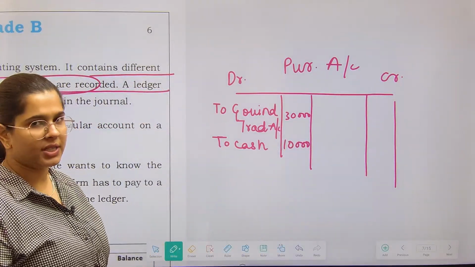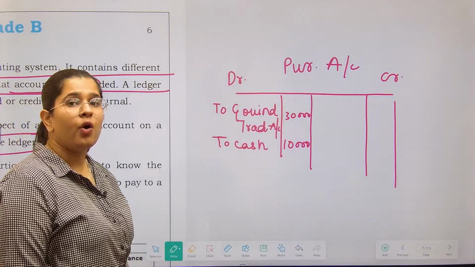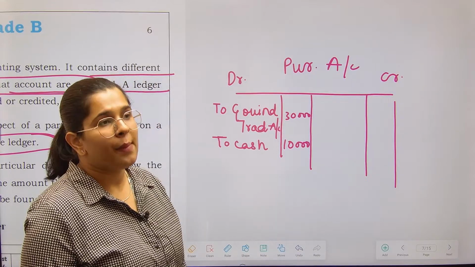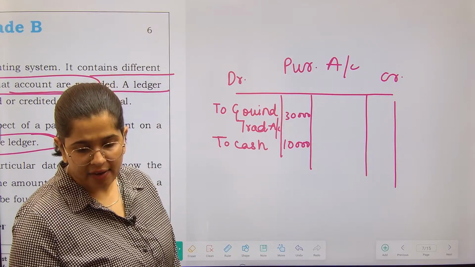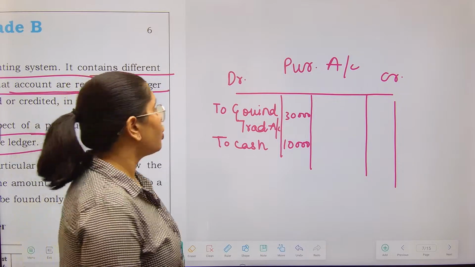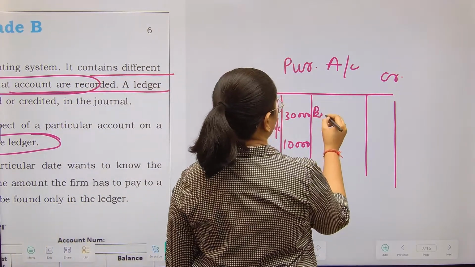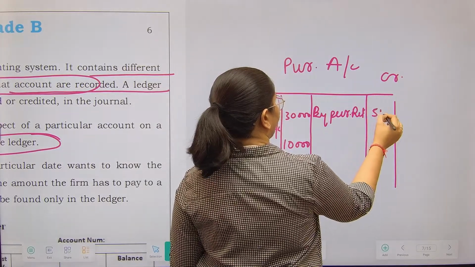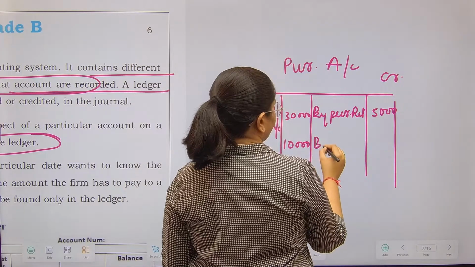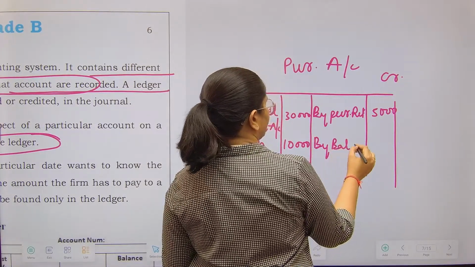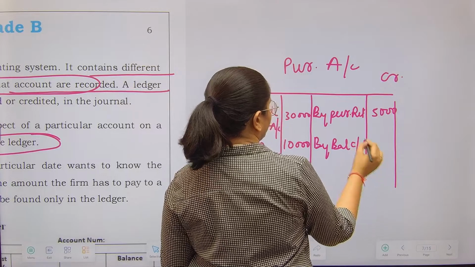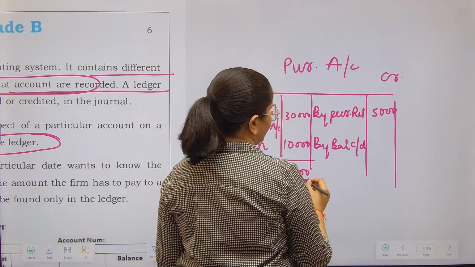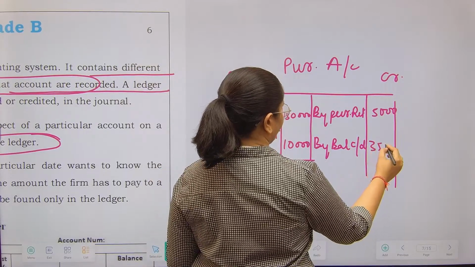Now out of this there are some returns as well. ठीक है? मान लीजिए there are some things that I have returned as well. So over here I will also write purchase returns, let's say 5,000, and this gives me my balance. 30 plus 10 gives me 40,000. 40,000 less 5,000 gives me 35,000.